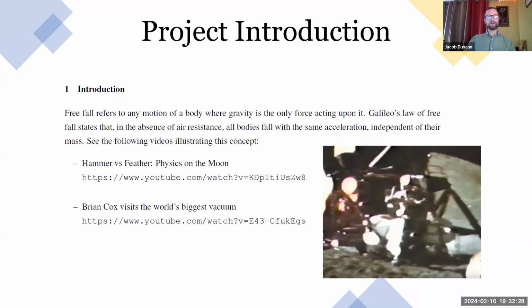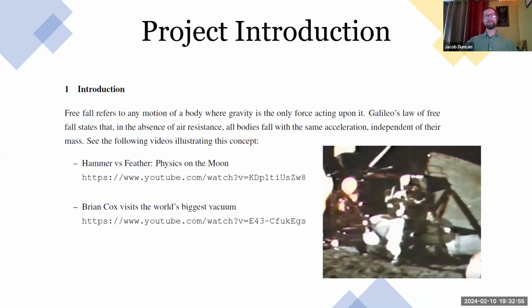I usually start out by talking about Galileo's law for free fall in the absence of air resistance. Two bodies are going to fall at the same rate, independent of their mass. And then I show this video of, I don't remember which Apollo mission it was, I think 15, where one of the astronauts brought a hammer and a feather up there and dropped them at the same time.